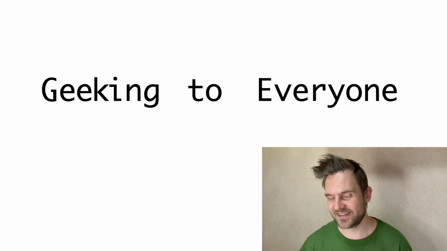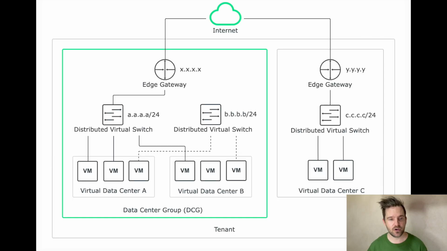Let's get started. Okay, first of all, let's quickly talk about the concept. You can see on your screen, what is a data center group, or DCG? A data center group is a logical construct that allows multiple virtual data centers within the same tenant to share networking resources.